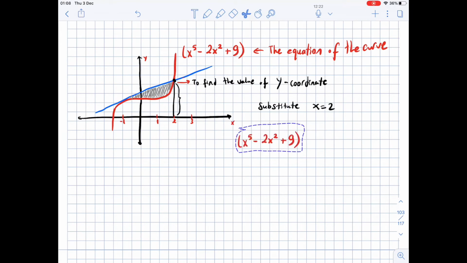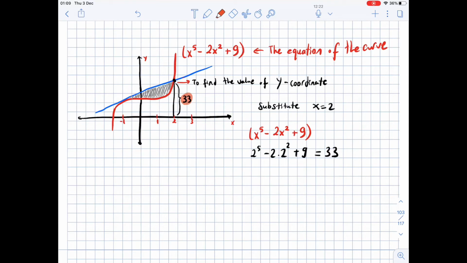If I substitute x equals 2 in this equation, x to the power of 5 minus 2 times x squared plus 9, the equation of the curve, and calculate, I'm going to have 33. So the y coordinate is 33.